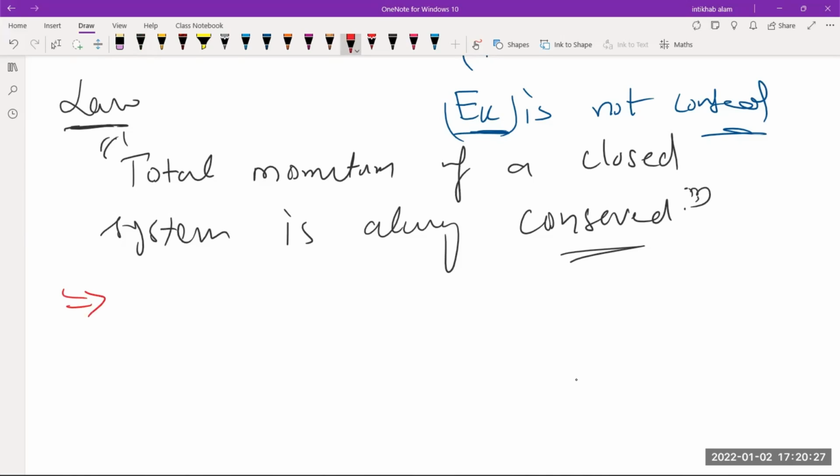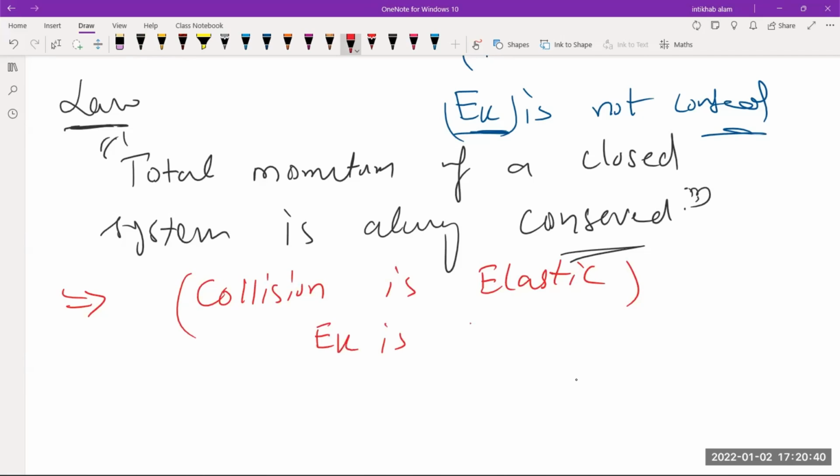Further, we have one more law, that is only when the collision is elastic. When we say collision is elastic, we say the Ek is conserved too.